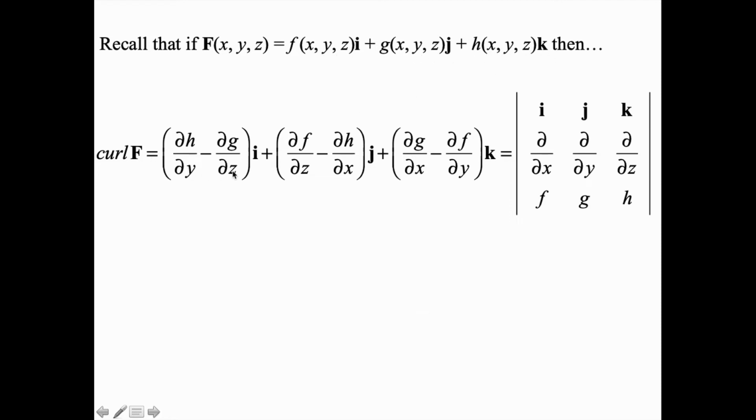If you want to figure out curl of F, you put all those functions f, g, and h in the last row, you put the del operator in the middle row, and you put your i, j, k in the top row, and you do your pseudo determinant to get this expression you see here. So we're going to skip those details in our examples, but just wanted to make reference to how we're getting the curl vector that you'll see in the following problems.